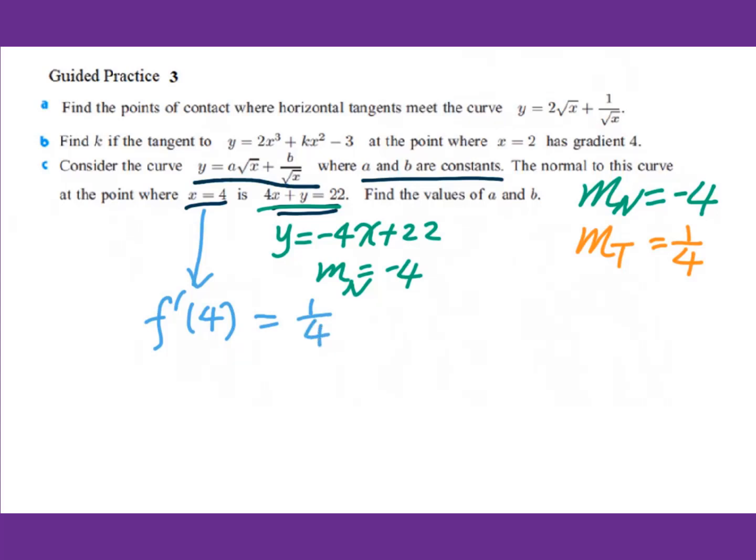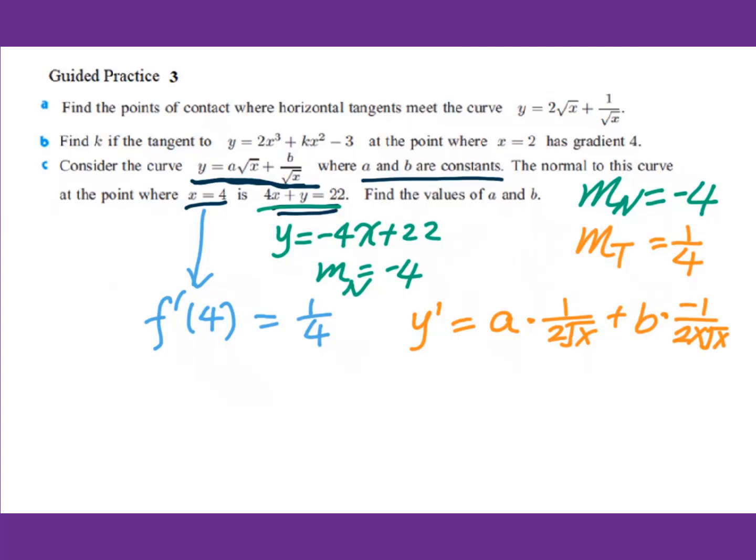So we have to work out the derivative of this function first. That is y prime equals a times 1 over 2 square root of x plus b times negative 1 over 2x square root of x.